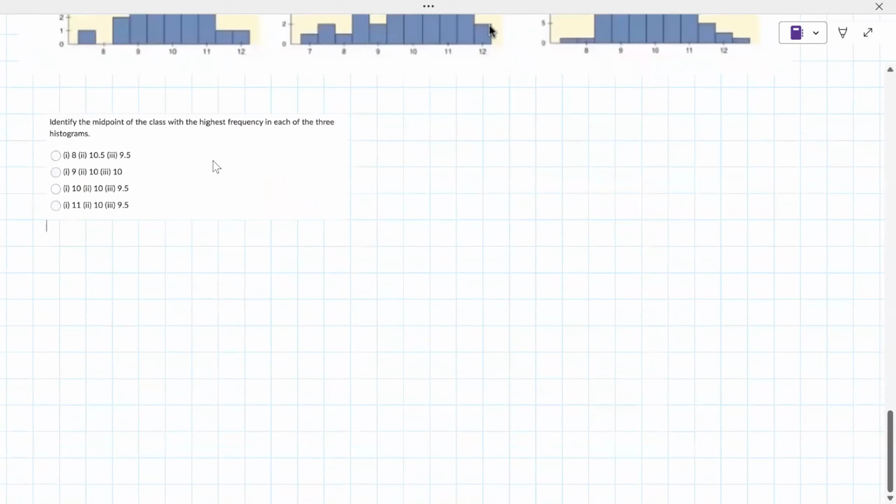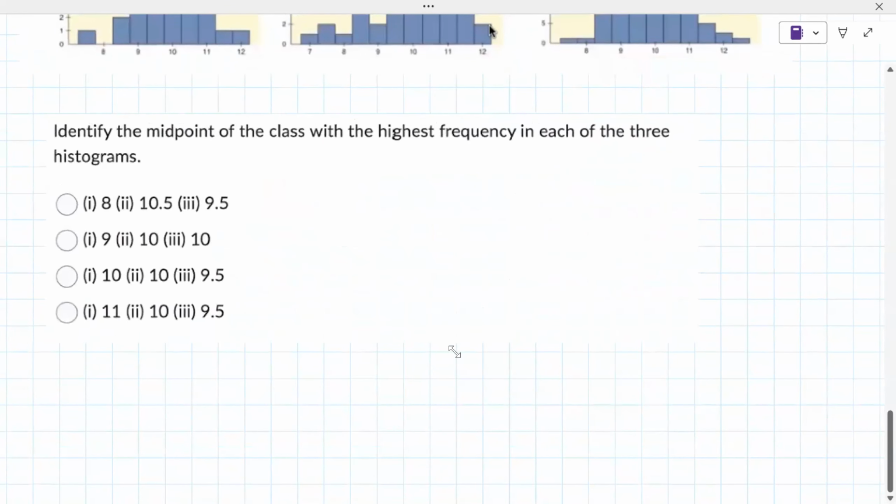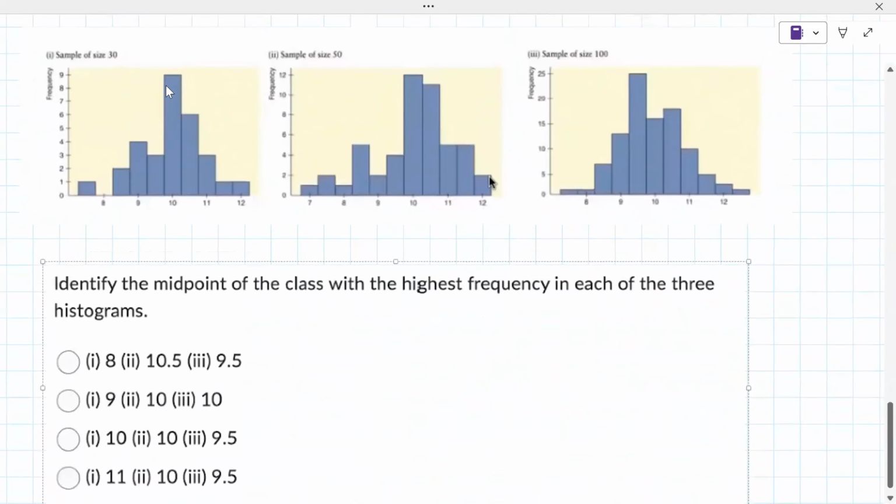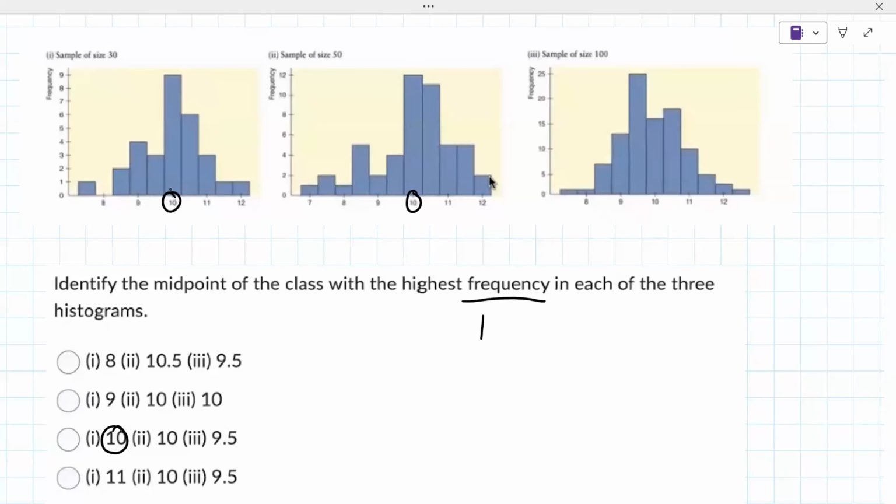All right, let's actually look at the question. It says identify the midpoint of the class with the highest frequency in each of the 3 histograms. So the first histogram, the highest frequency is here at 10. Sample 2, the highest frequency is here at 10 as well. It's basically the one with the tallest rectangle.